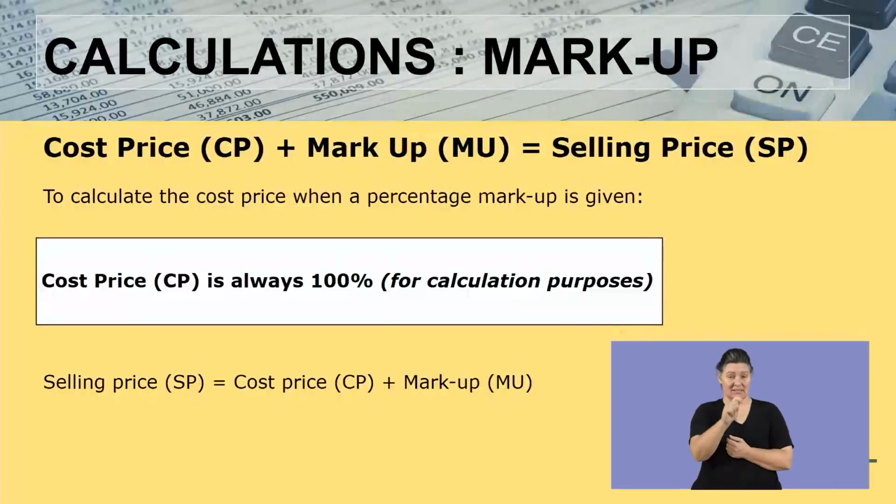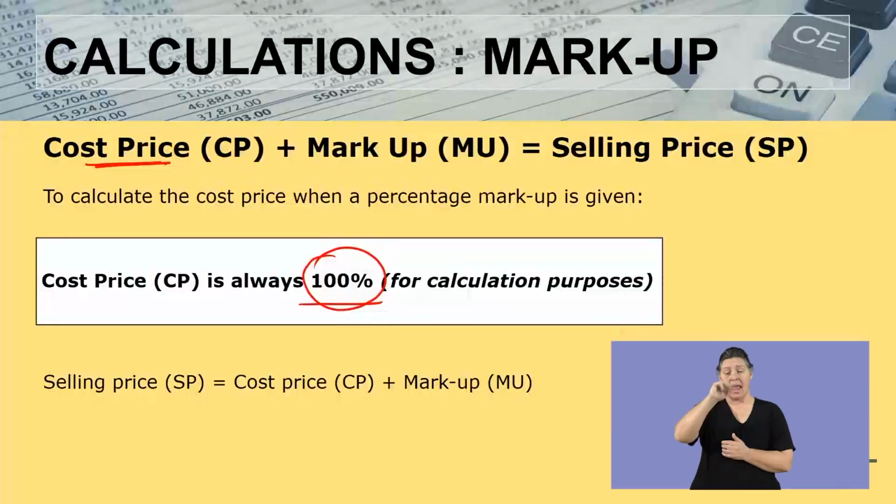I've come back again now with my calculations. Remember what I said earlier on. The cost price, here is my cost price. The cost price will always be 100%. Whenever we're calculating, remember that your cost price will be 100%.